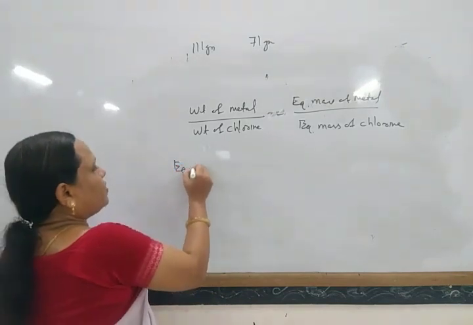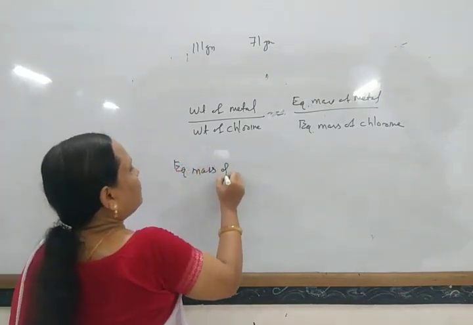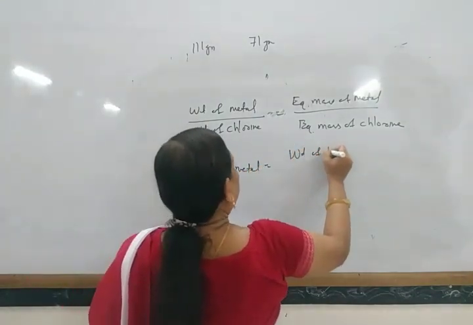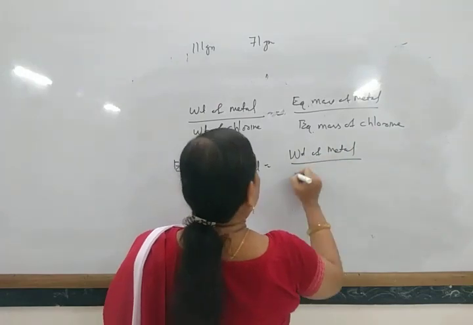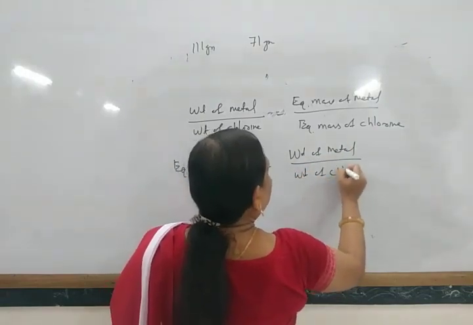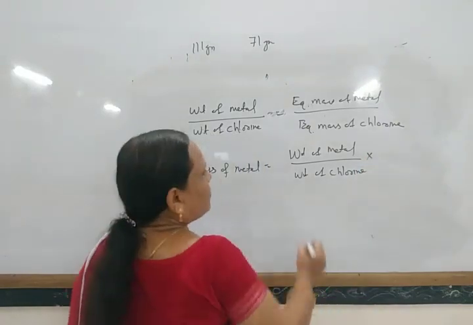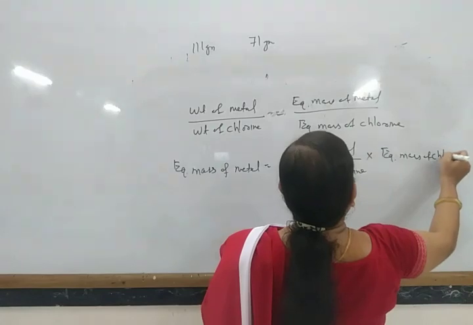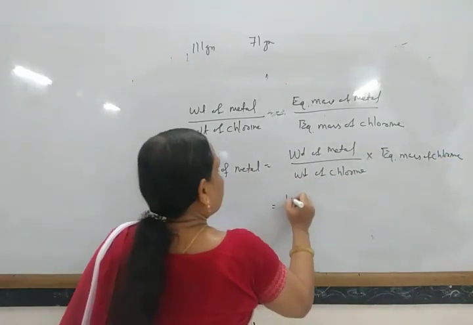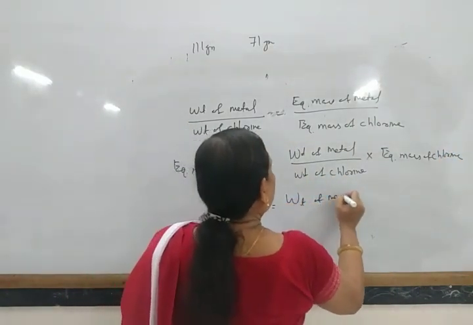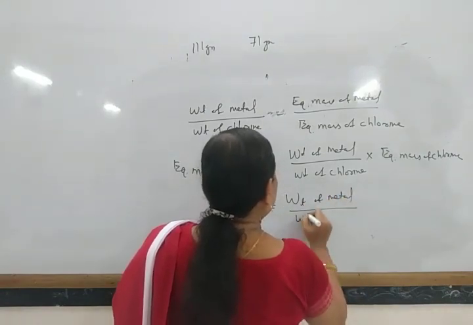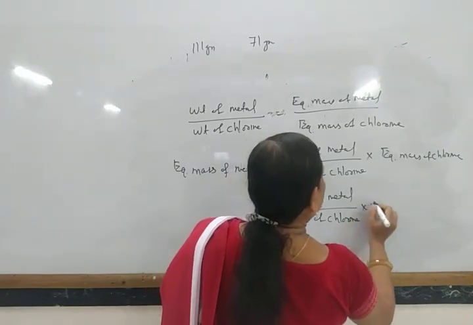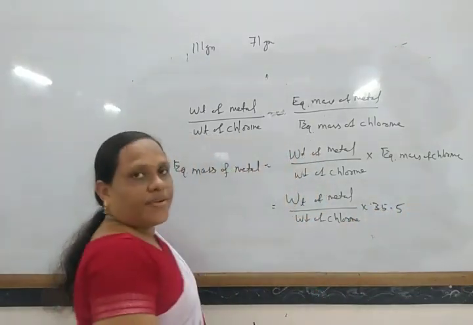Hence, equivalent mass of metal is equal to weight of metal by weight of chlorine into equivalent mass of chlorine, that is, weight of metal by weight of chlorine into 35.5.